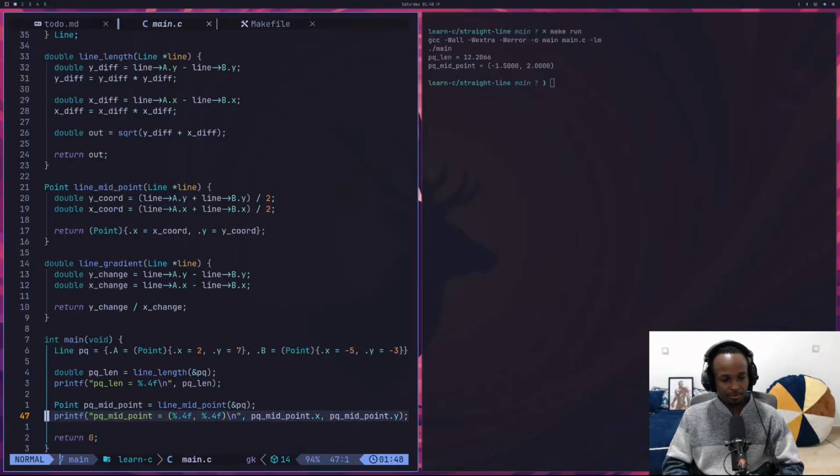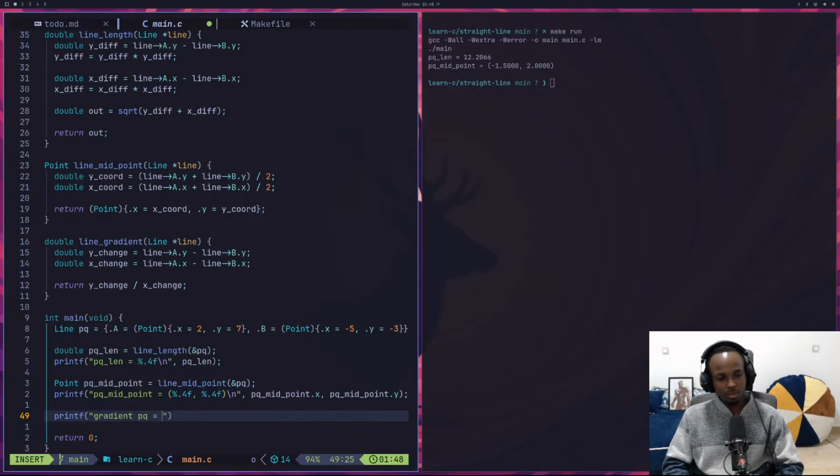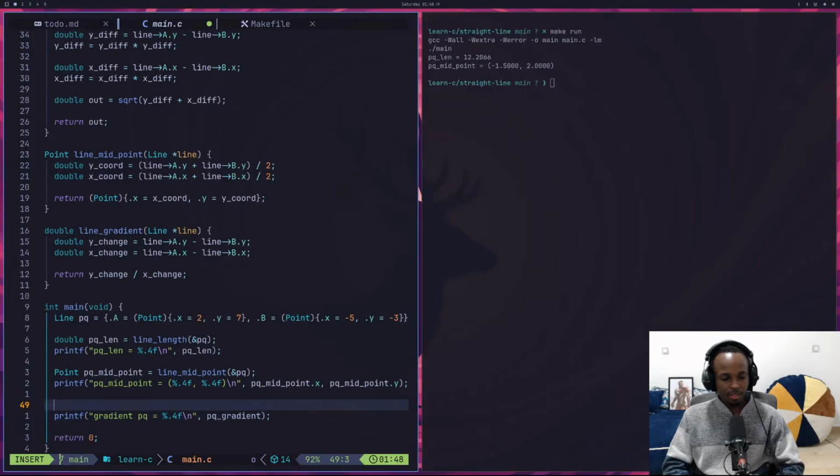Let's try printf, gradient of pq is equals to %f, yeah, since it's a double, and then we are going to get, let's just pass pq gradient, then let's define pq gradient.